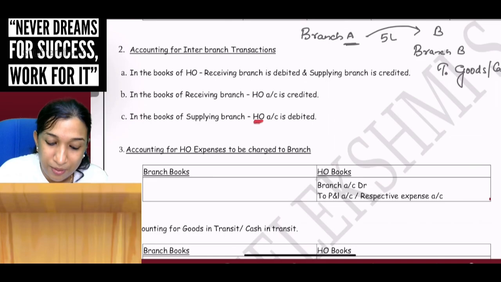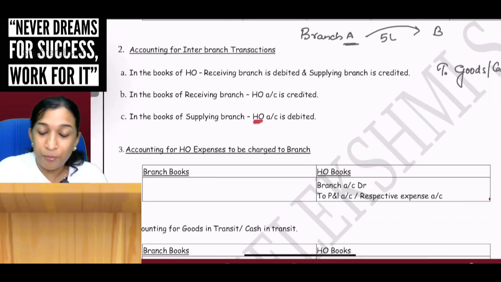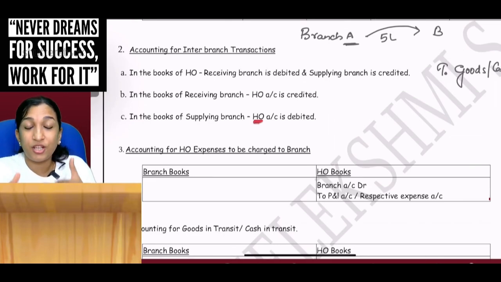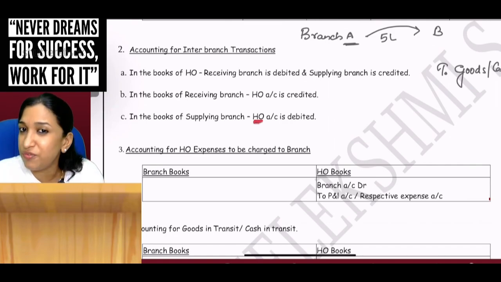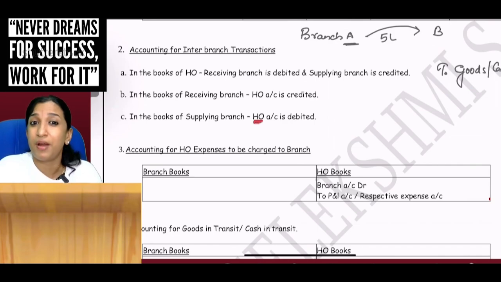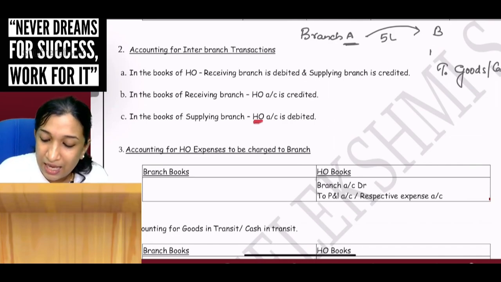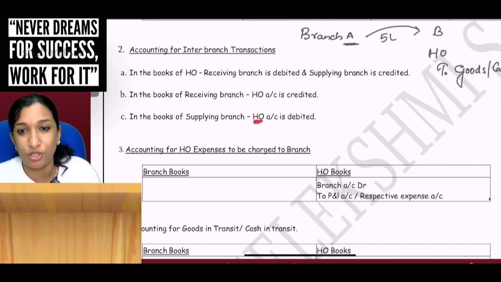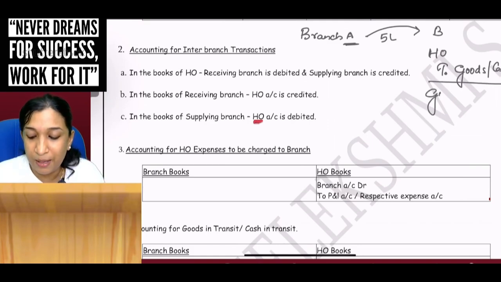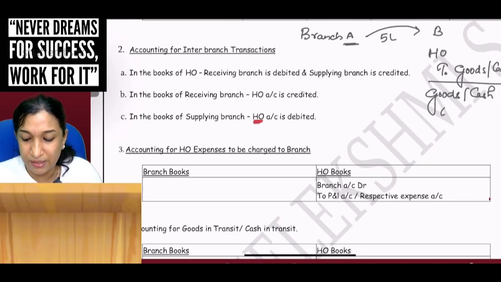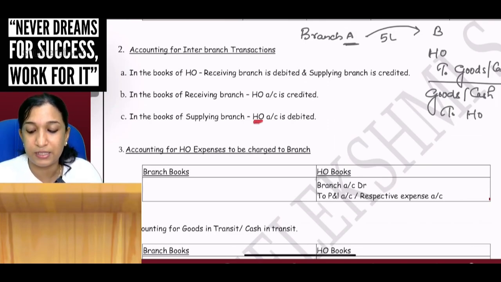But I will not debit branch B. Inter-branch transactions are assumed as transactions between branch and head office. So branch A transferred to branch B. In the books of branch A, it's like HO, transferred to HO. And in the books of branch B, goods debit, cash received if it's debited to head office.